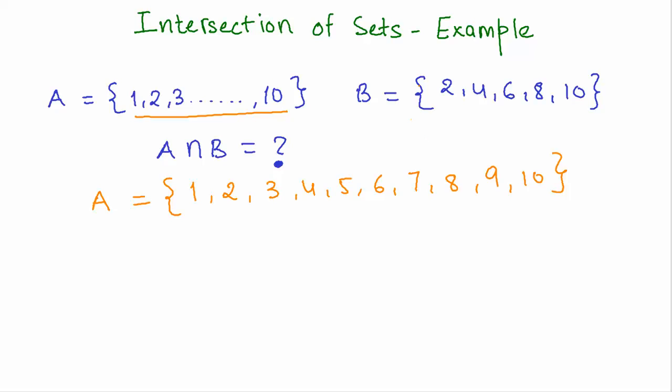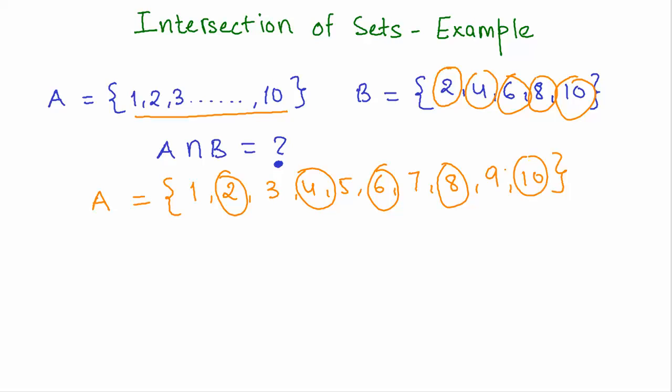Now all we have to do is to identify the elements that are common. So let's start with 2. We have 2 over here, 4, we have 6 in B, 6 in A, 8 in B, 8 in A, 10 in B and 10 in A. So all the elements that are common to A and B is represented by A intersection B, and therefore A intersection B is represented by 2, 4, 6, 8 and 10.